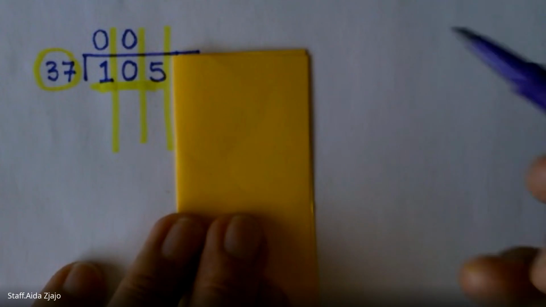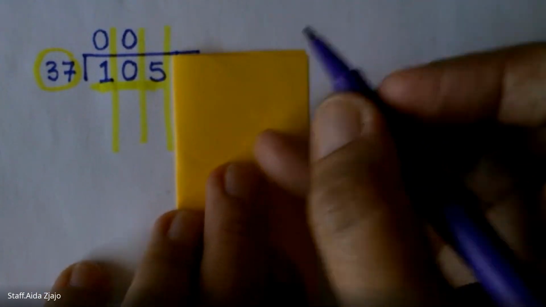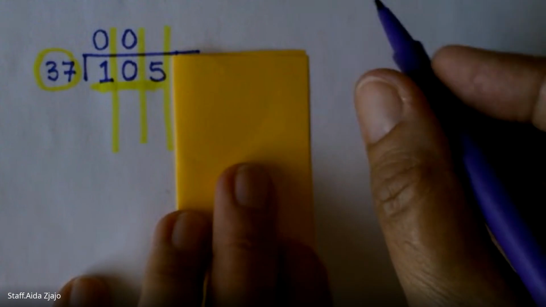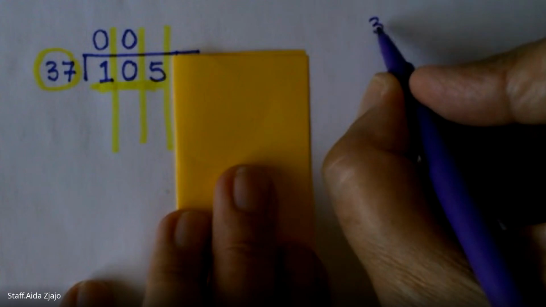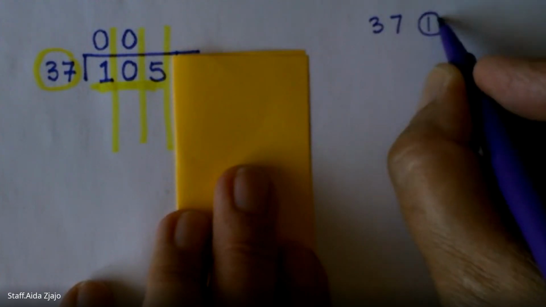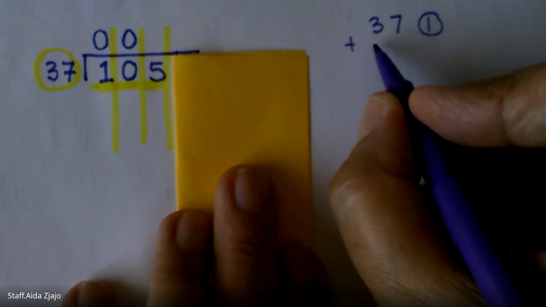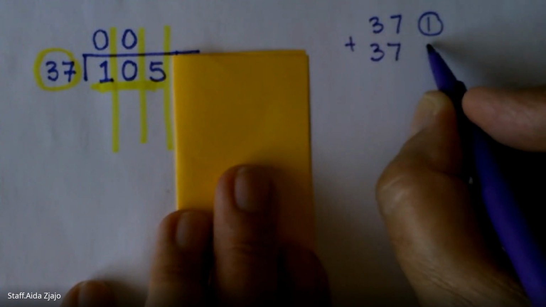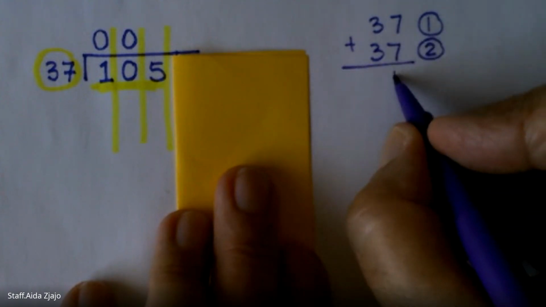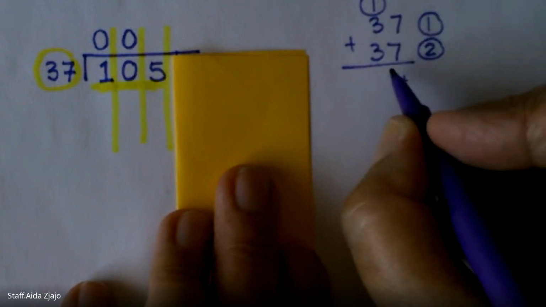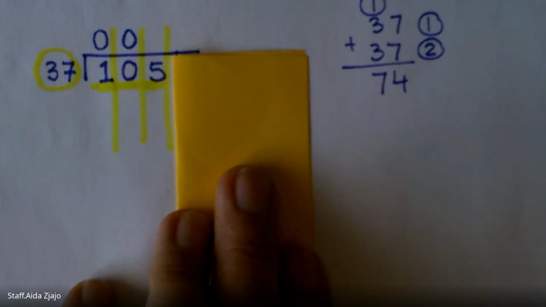But for those who do not know, and it's hard to round and guess, you can add 37, that's one group. If I add one more group of 37, that would be 2 groups. 2 groups of 37 will make 74.